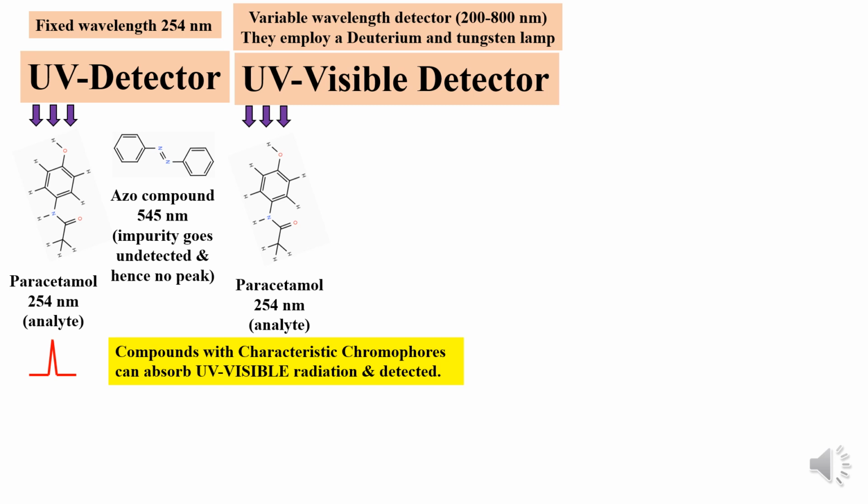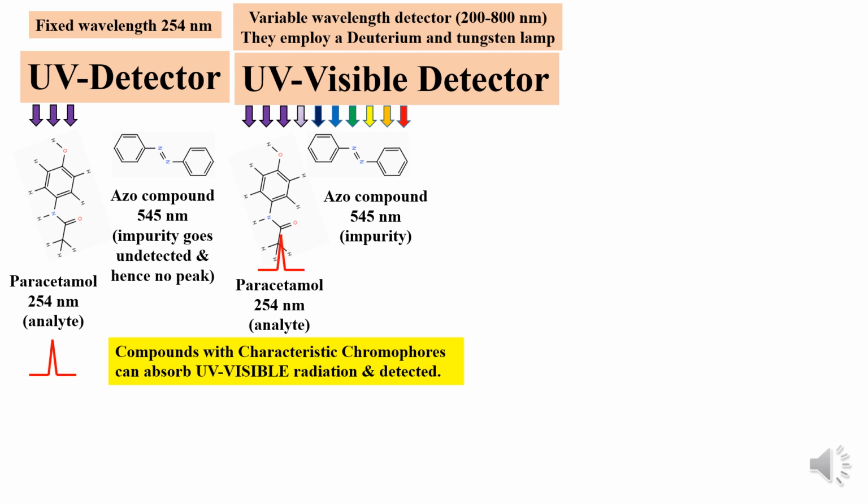as usual, the paracetamol molecule absorbs at 254 nanometers. A peak is seen, while the azo compound absorbs at 545 nanometers, which falls in the visible region. So the UV visible detector is able to provide both UV radiation as well as visible radiation. It covers both regions, and therefore you see two peaks: one for the paracetamol molecule, the analyte compound being analyzed, and also an impurity peak.